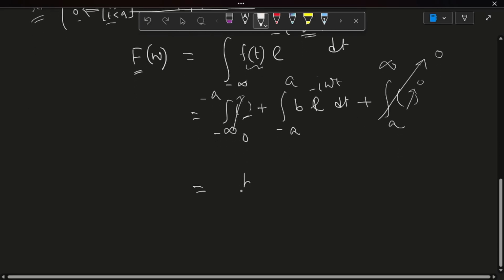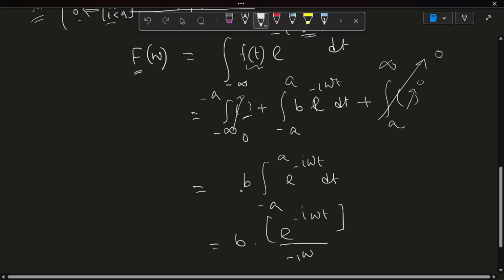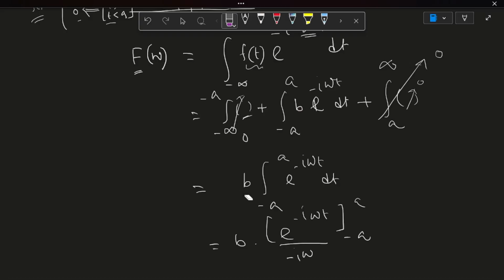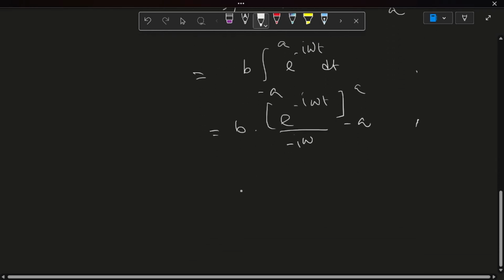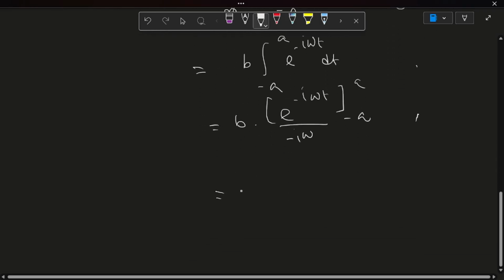So let me compute it. Minus a to a, b e to the power minus i omega t d t. So what will be the result? It will be e to the power minus i omega t divided by minus i omega, from minus a to a. So what will be the output?